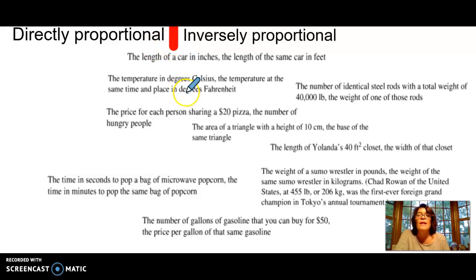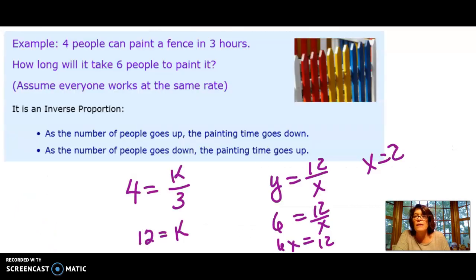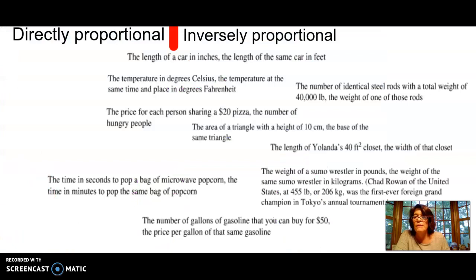All right, so try this one. Pause me for a sec. Sorry, I was thinking you could pause me for a minute and take some of these and think about which side of the fence it would go on.